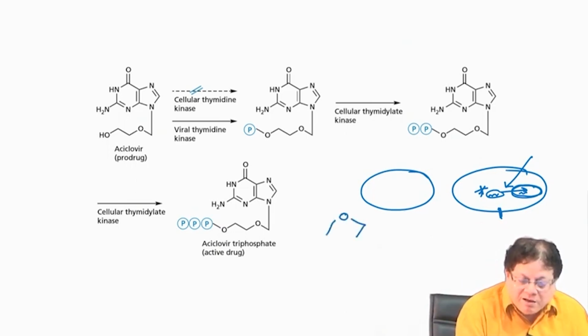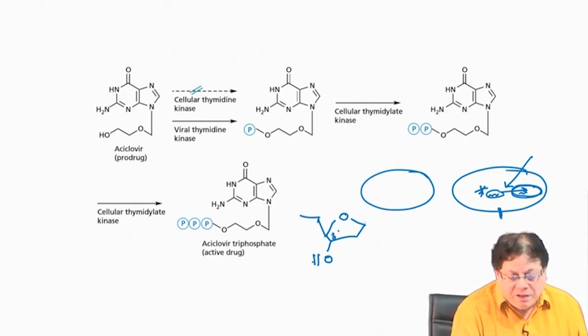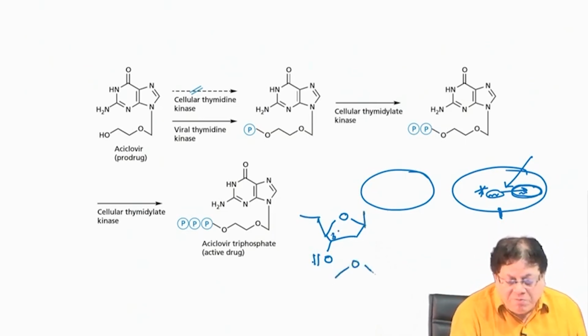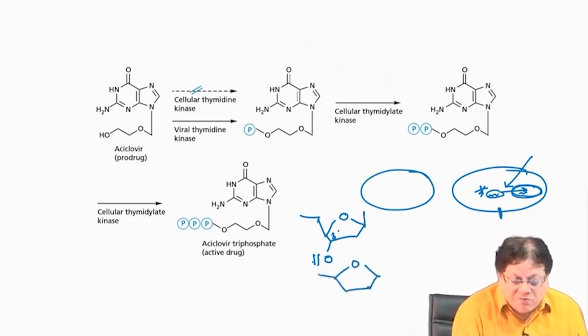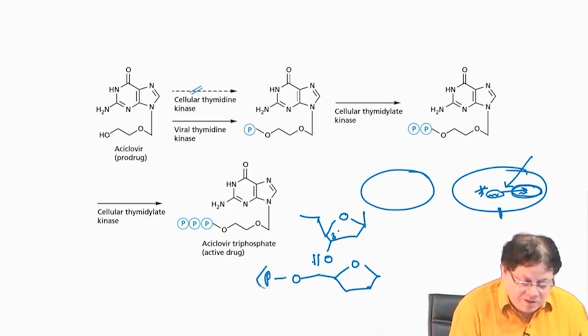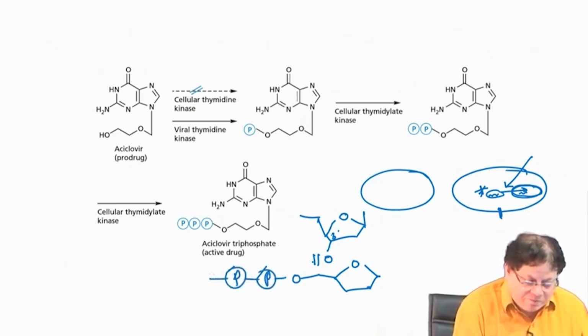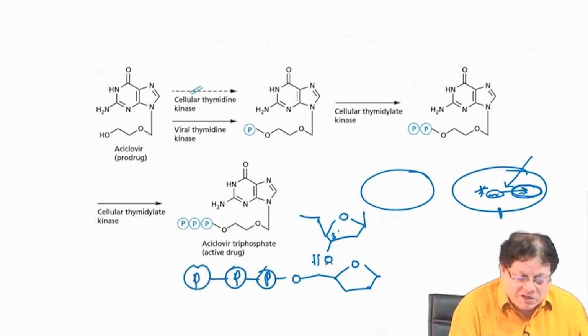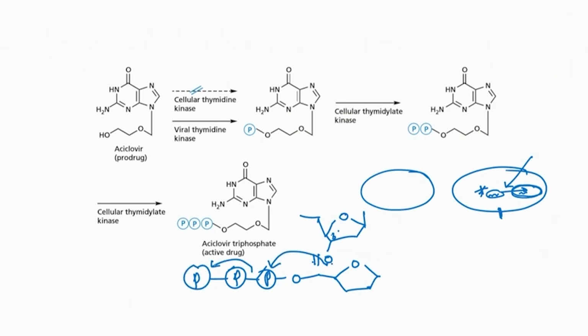Just going back to the biochemistry, the polymerase works by attack of the 3' OH onto a 5' triphosphate, and then forms the phosphodiester bond. So, this phosphate is attacked, you kick out a diphosphate. So, that is the reaction we are talking about.